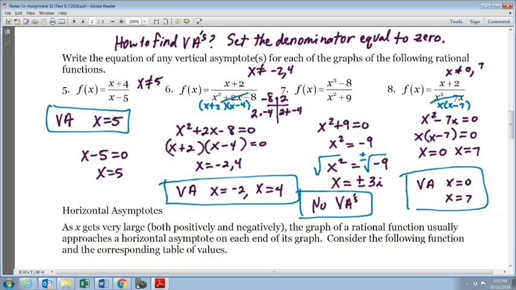All right, horizontal asymptotes. It says as x gets very large, both positively and negatively, the graph of a rational function usually approaches a horizontal asymptote on each end of its graph. That's what I was saying earlier. Consider the following function and the corresponding table of values.